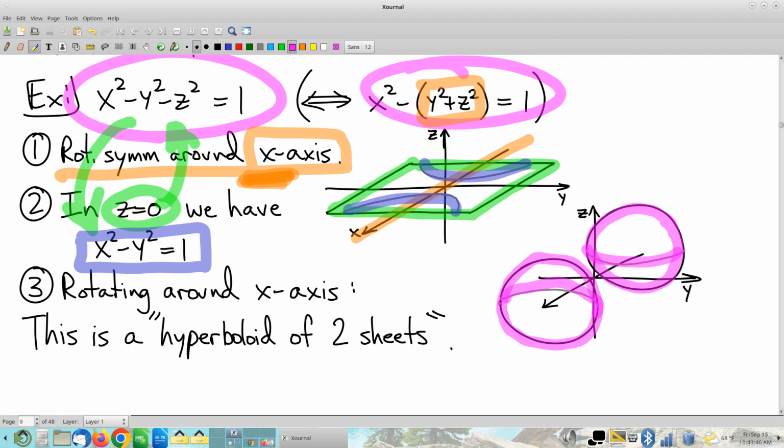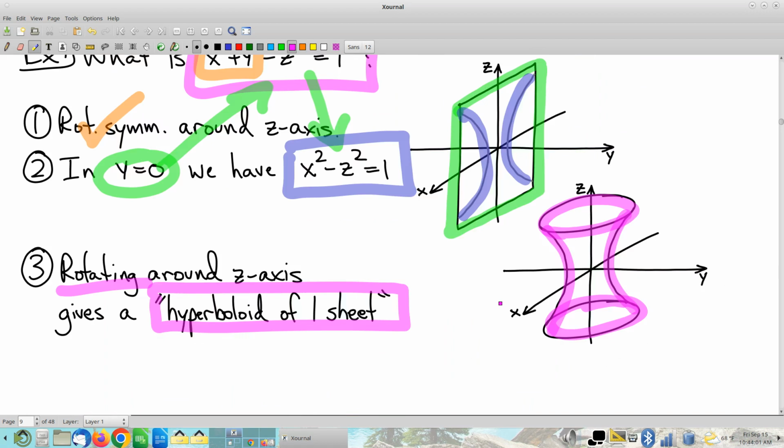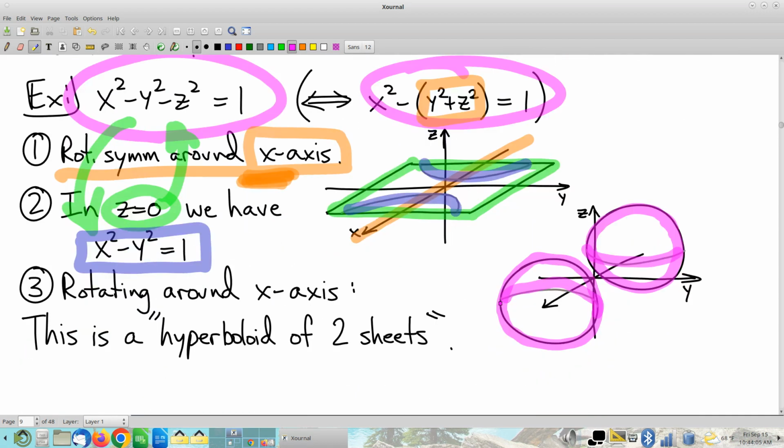I like to call this the staring contest. It's a bad sense of humor, but nevertheless, it's still a rotation of a hyperbola, so we still call it a hyperboloid, but it's not one single thing like this was. Now it's two separate, what they call sheets, and so this is called a hyperboloid of two sheets.